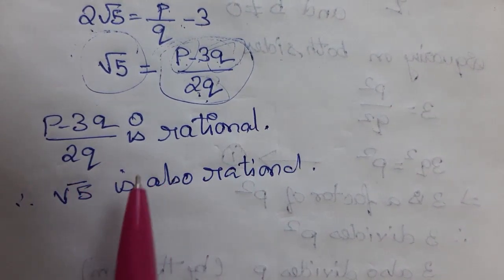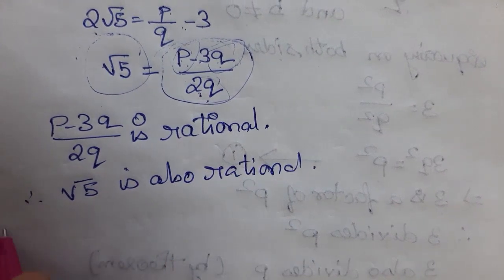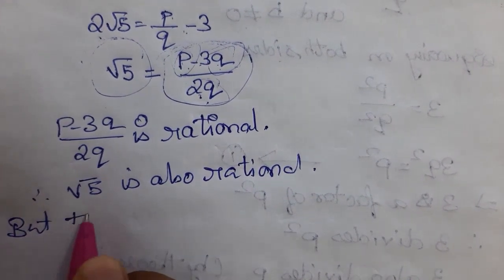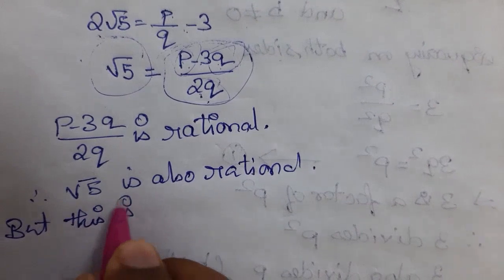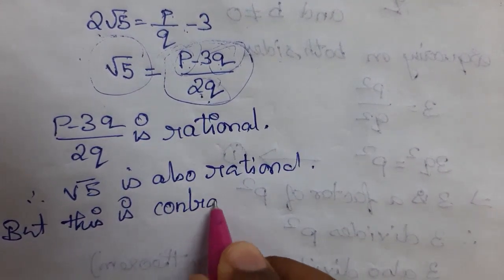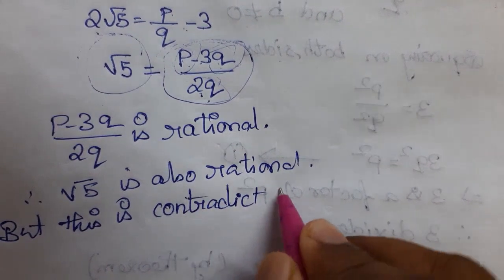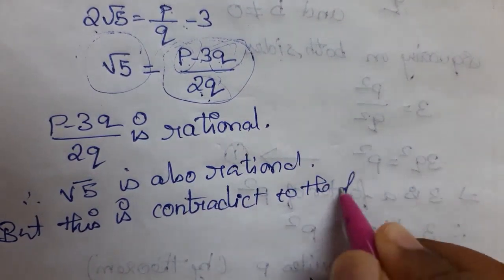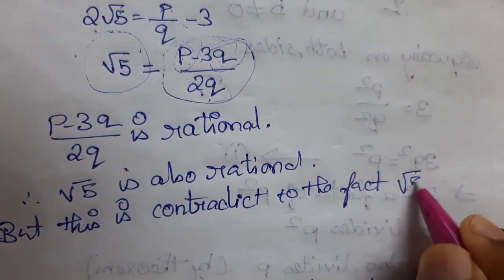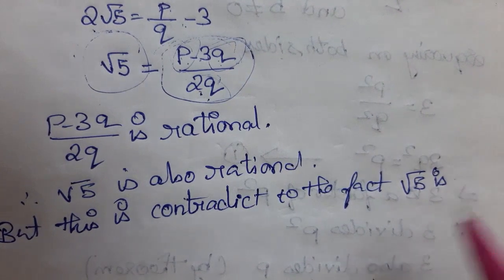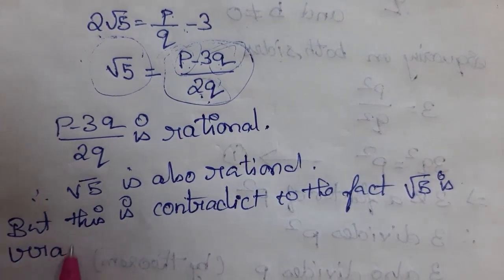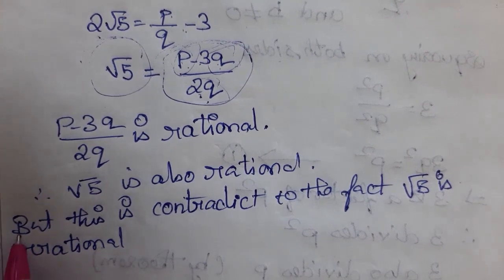The fact is root 5 is not rational, but this contradicts the fact that root 5 is irrational.